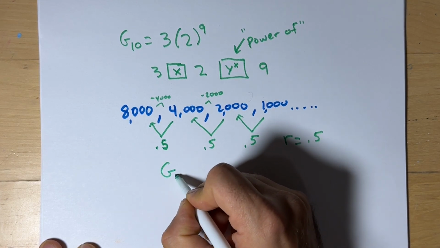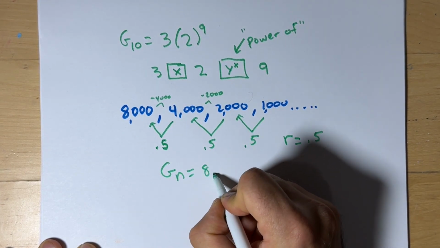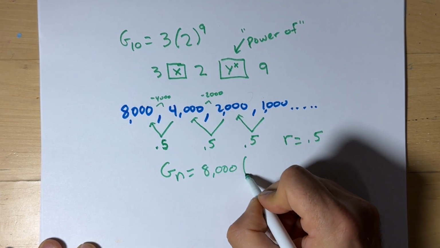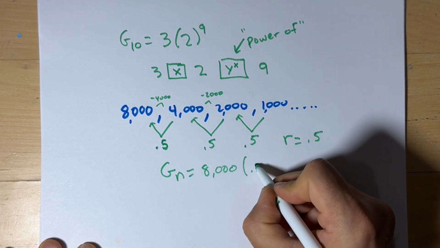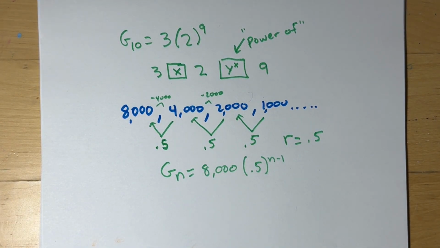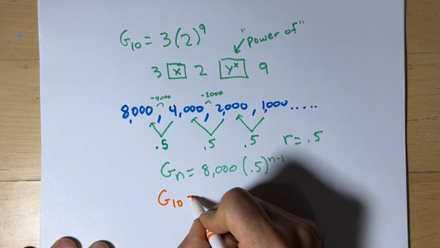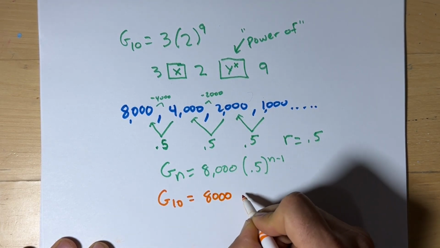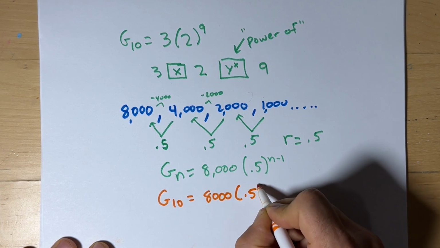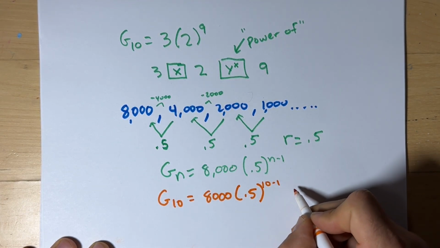If I want to find any number, g to the n, I'm going to multiply my first number, 8,000, times 0.5 to the power of n minus 1. So let's try that. Let's find the 10th term. G to the 10 is 8,000 times 0.5 to the power of n minus 1, which is 9.